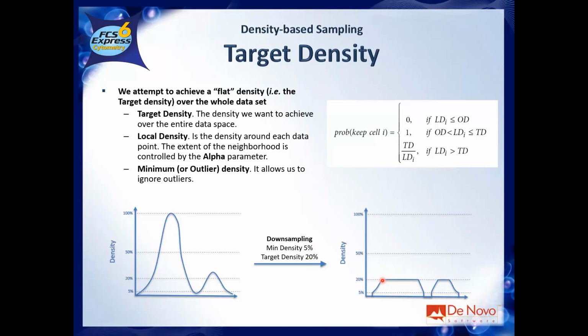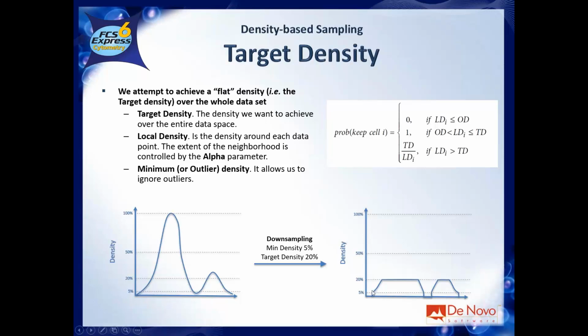When the local density is higher than the target density, so we are here, for example, the density is flattened to match the target density. You see it's 20%. If the local density is lower than the minimum density, so here, here, and here, those events are discouraged because they are considered outliers.